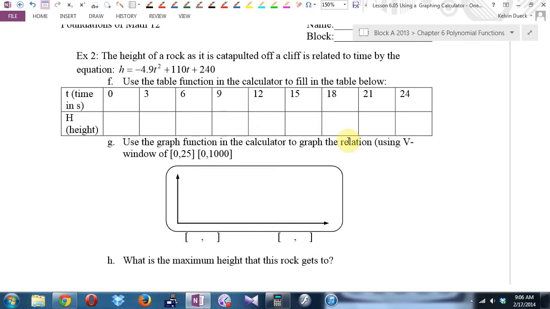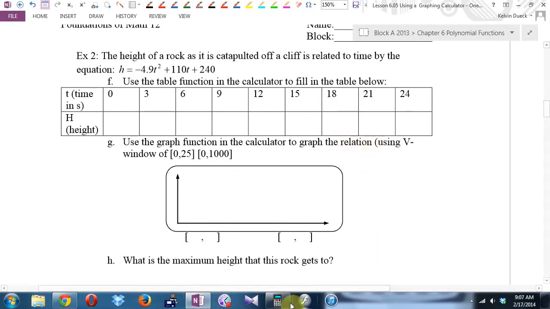In fact, it's going to be a parabola that opens downwards. How do you know this parabola is going to open downwards? Okay, the squared is negative. Those of you that are in physics may recognize d equals vit plus a half at squared, except I've written it as a half at squared plus vit plus initial distance. Use the table function to fill in below.